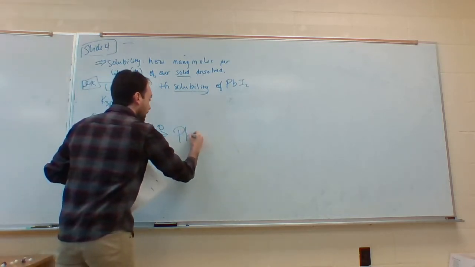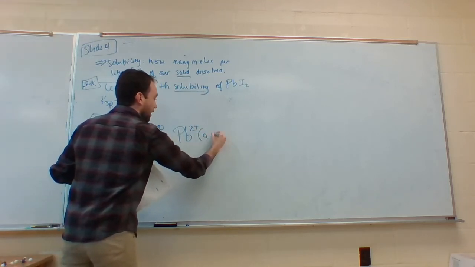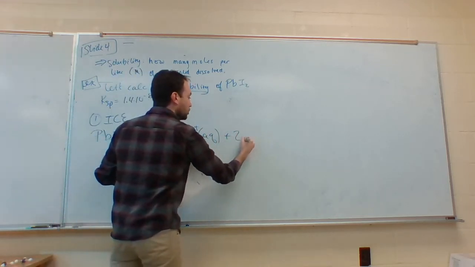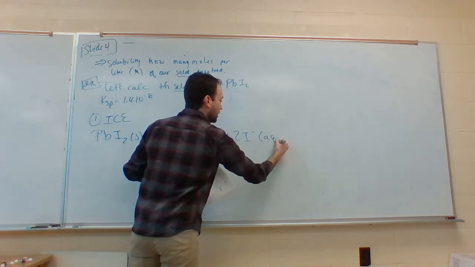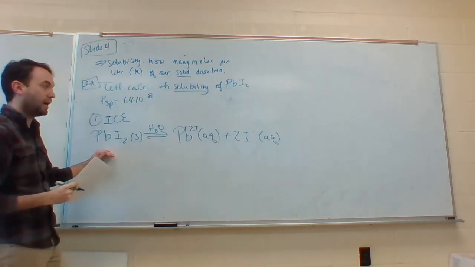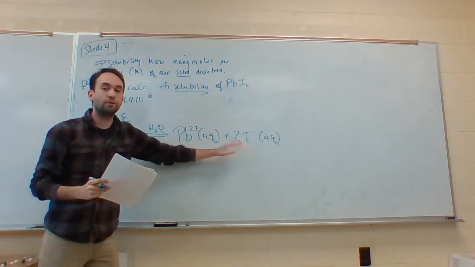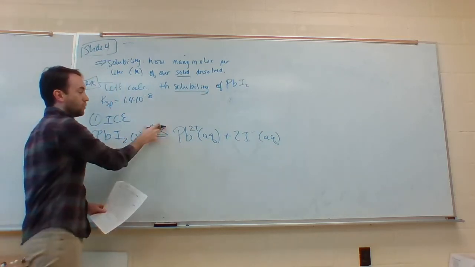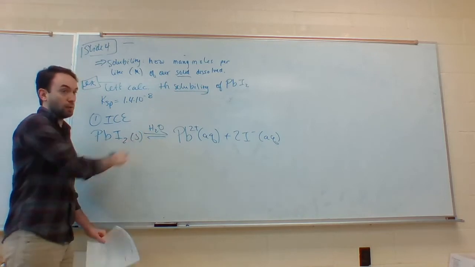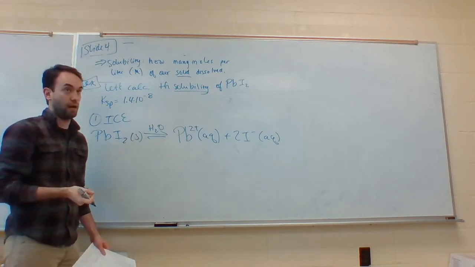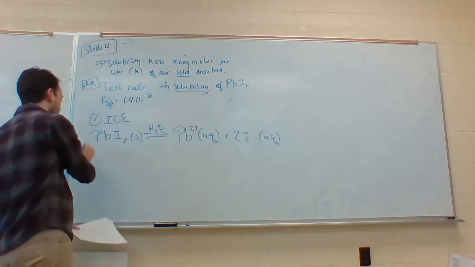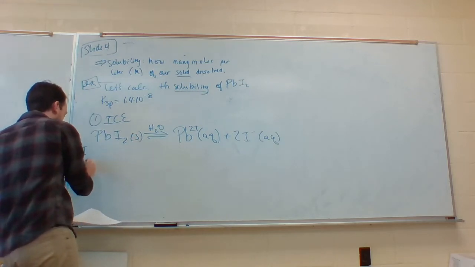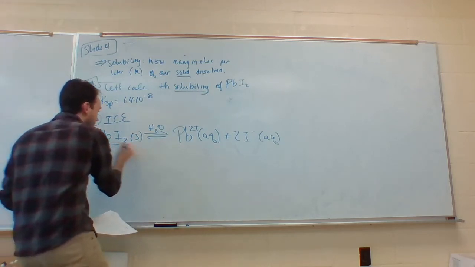It will end up being lead 2 plus aqueous plus 2 I minus aqueous. Again, we're writing our dissociation reaction when we add it into water. I just put the water up above. You could put it there, but we're going to end up canceling that column out anyway. So let's write it above. And we have our ice table, ICE.